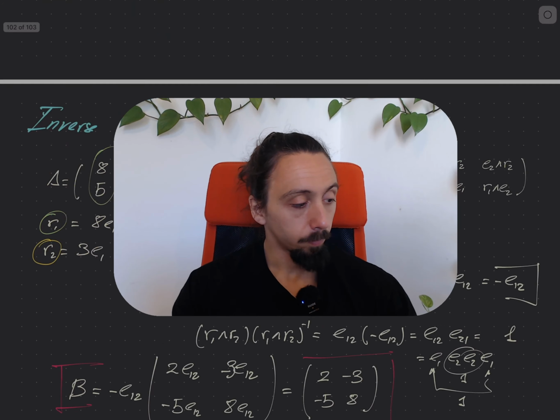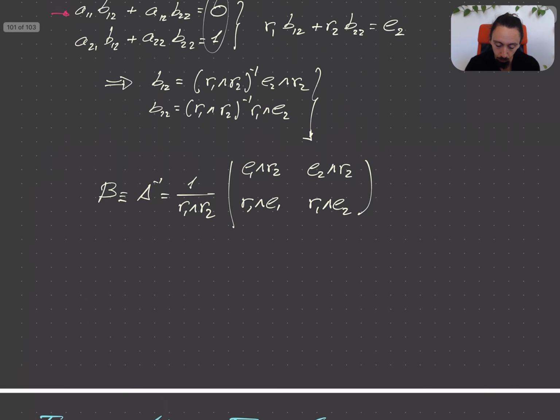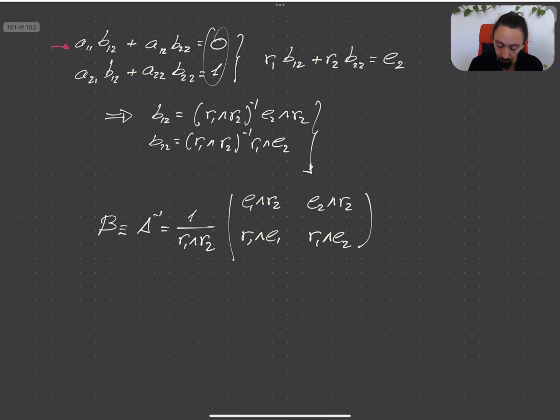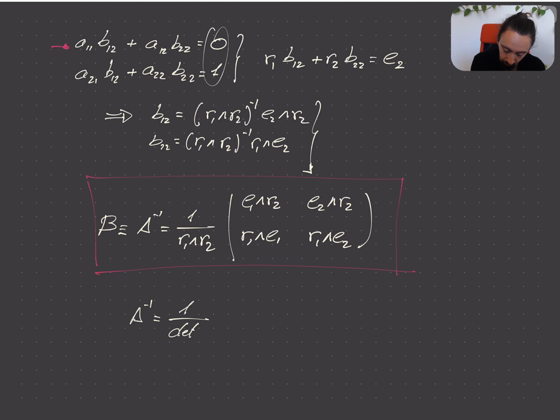Moreover, if we look at our definition of the matrix inverse, which is this one here, we can compare it with the standard expression for the inverse of a matrix, A to the minus 1, which is 1 divided by the determinant of A, and this is the matrix of adjoint of the cofactors transpose.